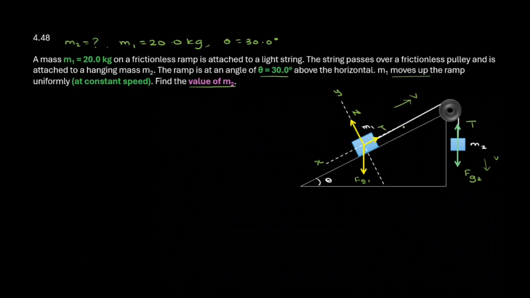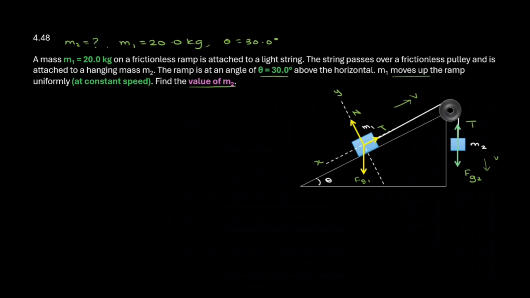This is my tension T. And since the ramp is frictionless, we don't need to include the force of friction here. So these are the three forces acting on mass M1. My normal force is along the y-axis, whereas the tension force is along the x-axis. The force due to gravity, on the other hand, lies neither on the x-axis nor the y-axis.